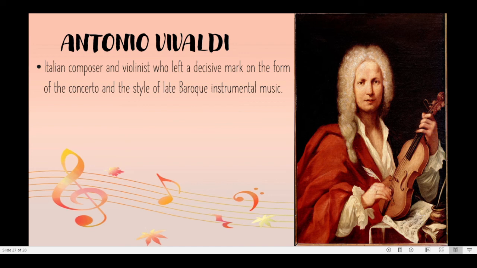He also included several of Vivaldi's works during the popular musical evenings that he organized in Leipzig. Today, perhaps the best-known composition Vivaldi created is the Four Seasons. Now we will be watching the Four Seasons of Vivaldi.